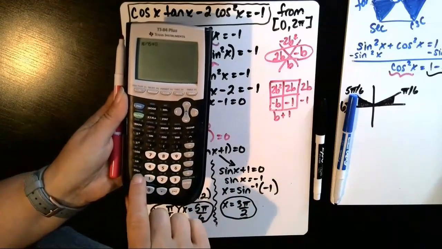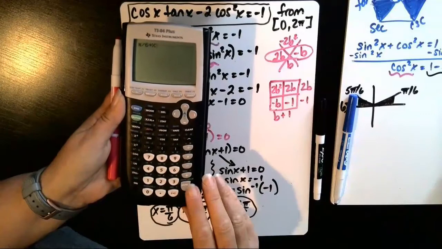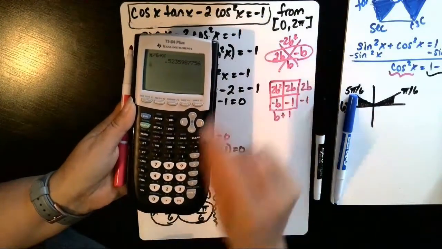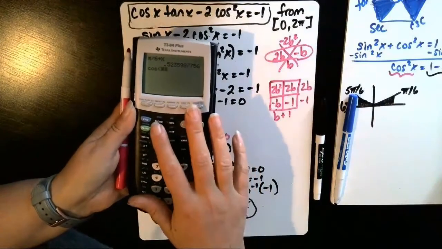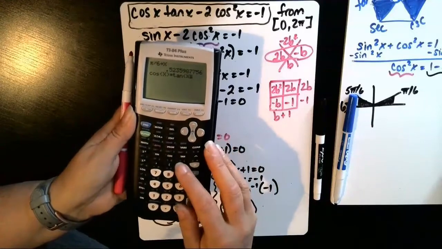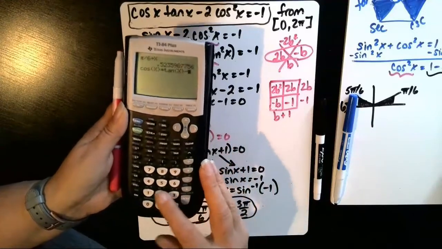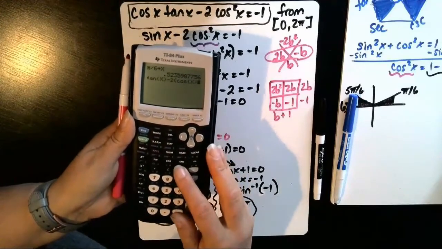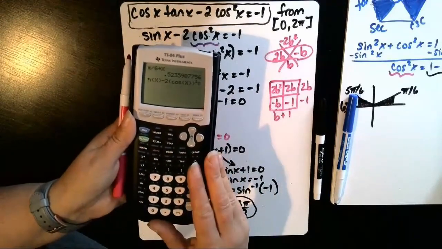So we'll store that STO as x and press enter. And then we're going to type in our original equation. So cosine of x times tangent of x minus 2, and then cosine of x, and that gets squared.